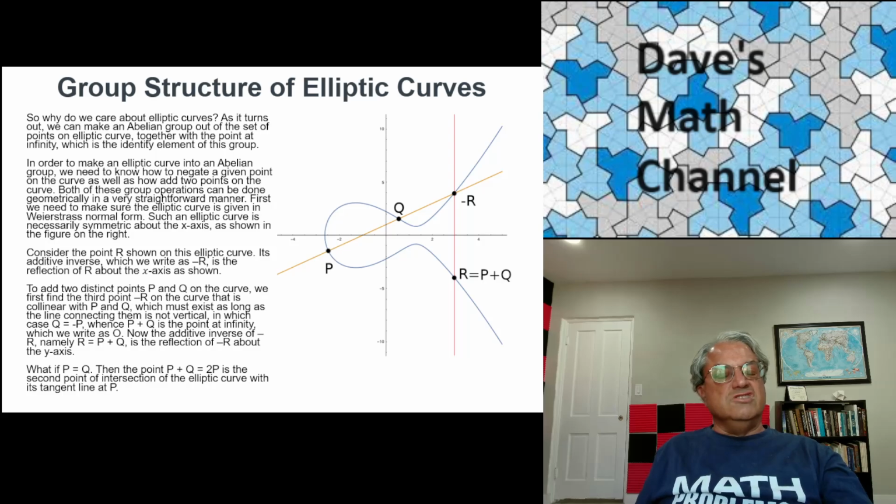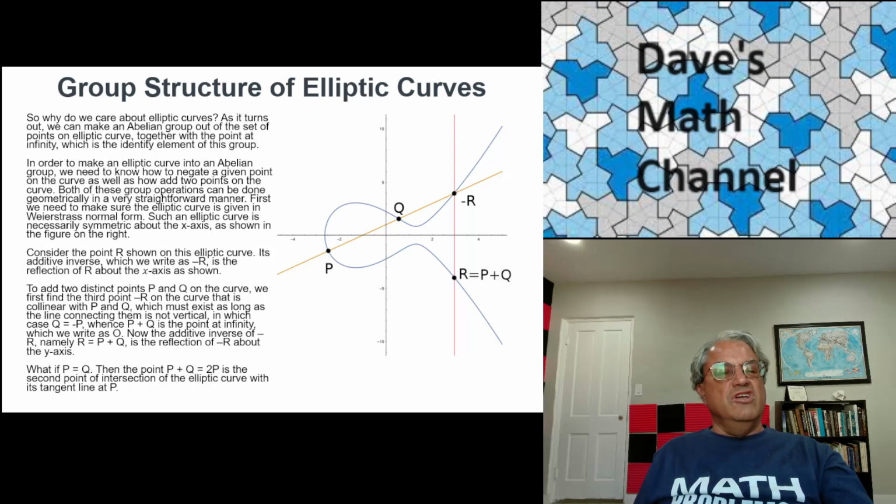If R has coordinates (x, y), then negative R has coordinates (x, -y). R could have been in the top; it doesn't matter what quadrant R is in. That's true for every point on the elliptic curve.